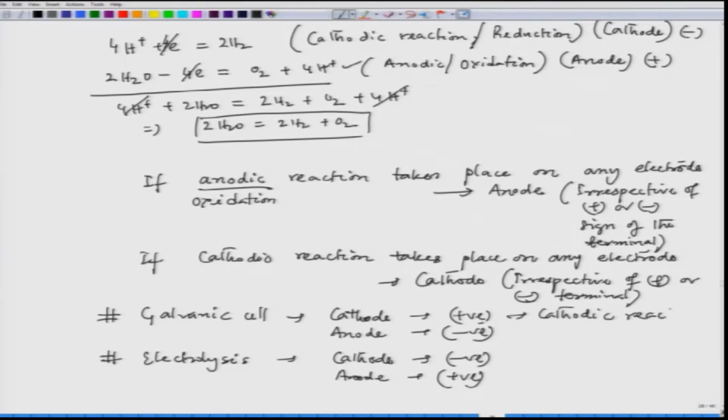since cathodic reactions, and here also cathodic reaction.